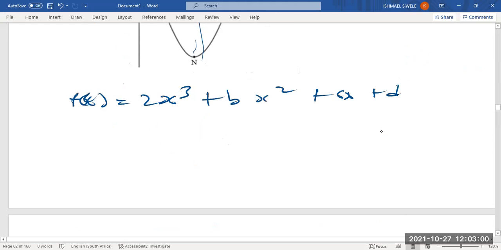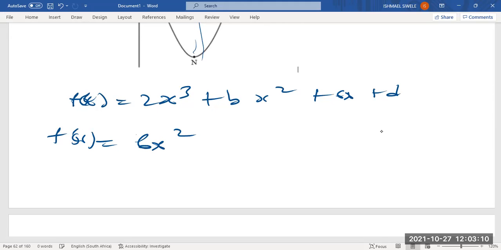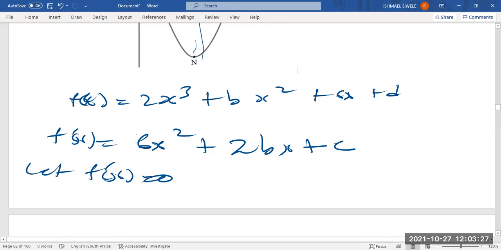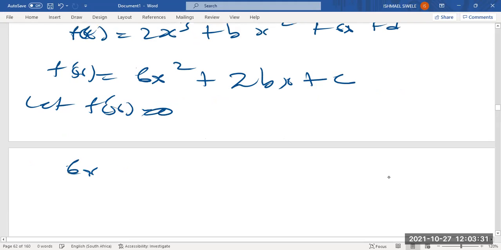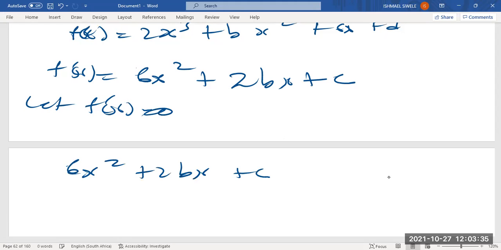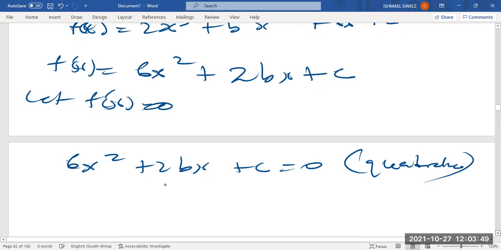If we were to solve using this, we are supposed to differentiate first to get 6x squared plus c, and thereafter let f prime of x be 0, so that we can solve for this. It's a quadratic equation, which you already know how to solve, using the quadratic formula.